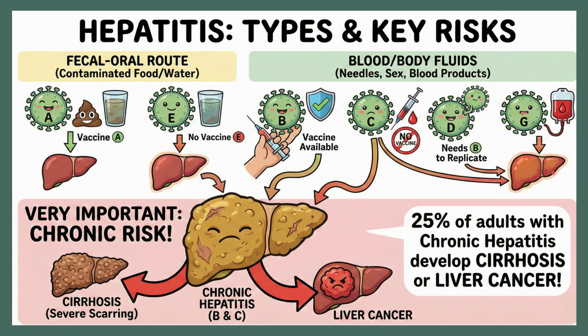Let's quickly go over the different types of viral hepatitis. So hepatitis A, which we call HAV, is transmitted via the fecal-oral route, often through contaminated food, water, or shellfish.